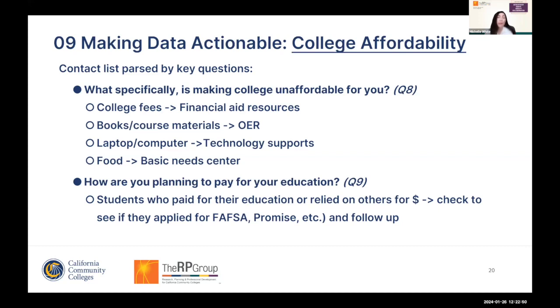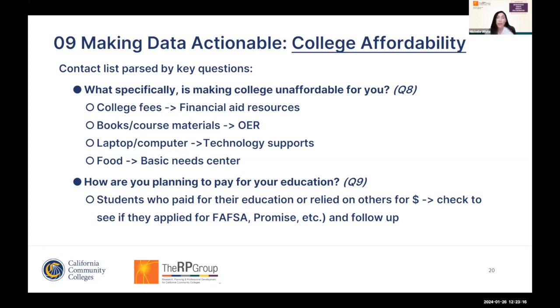So help them find basic needs resources, whether you have a food pantry on campus, food drives, or community resources such as food banks. So this is all about parsing out the individual student needs that your colleges are seeing in your data and connecting them to the right resources. So it's not just broad strokes, it's really individualized, targeted outreach.